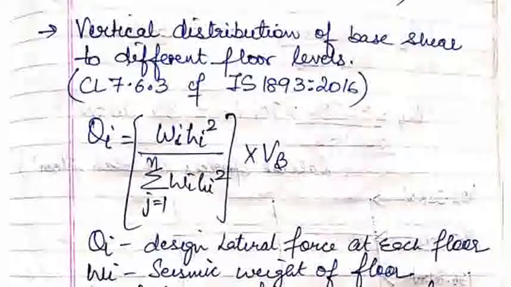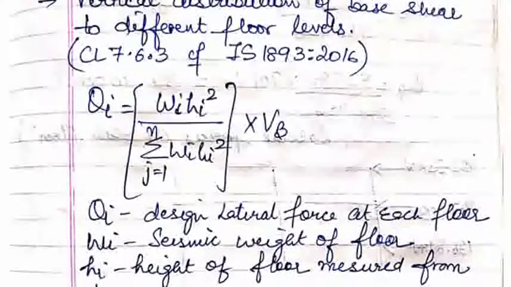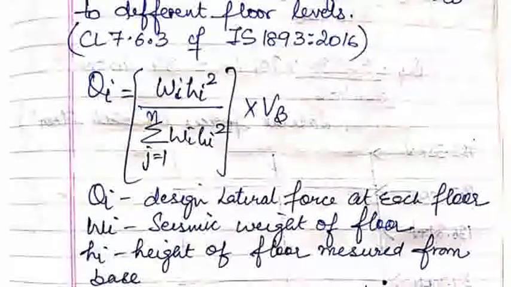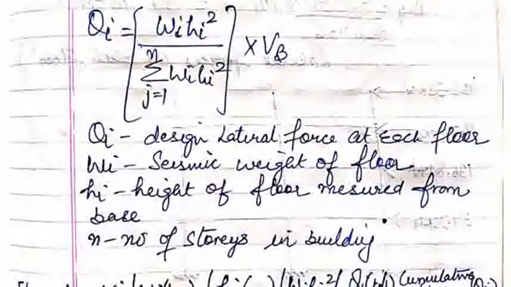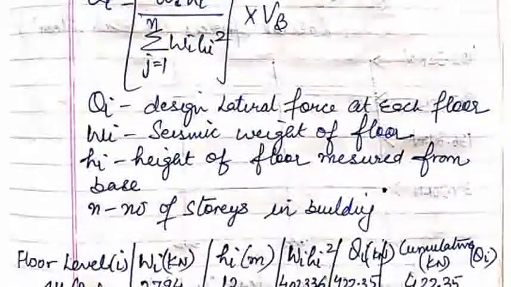For this we will use clause 7.6.3 of the code, which says Qi = (Wi Hi²) / (summation of Wi Hi²), all multiplied by the base shear VB, where Qi is the design lateral force at each floor, Wi is the seismic weight of the floor, Hi is the height of the floor measured from the base, and n is the number of stories in the building.